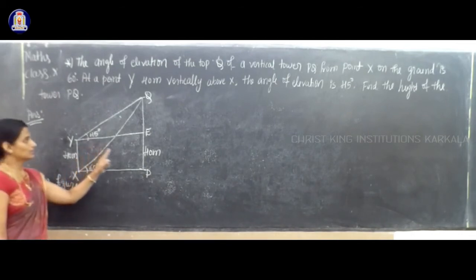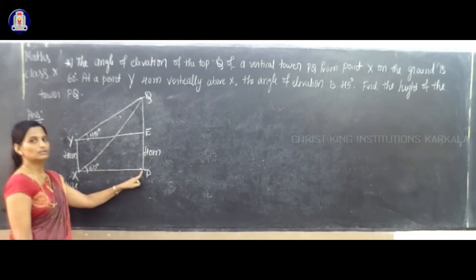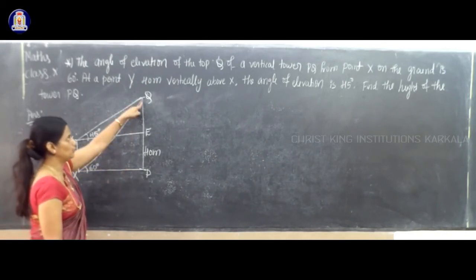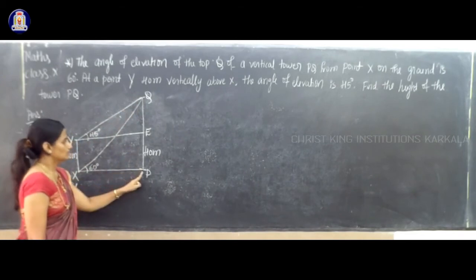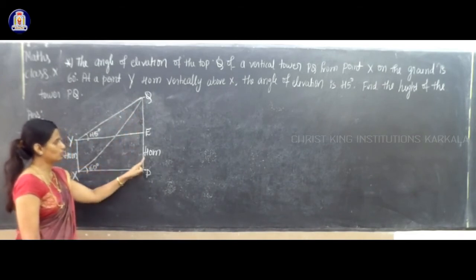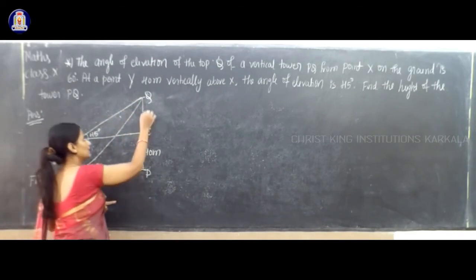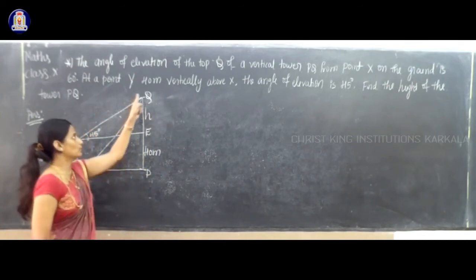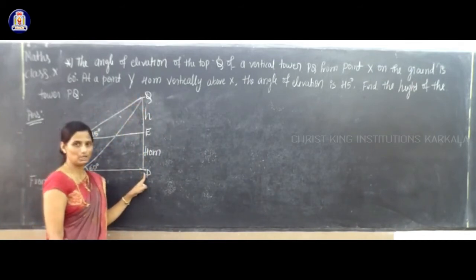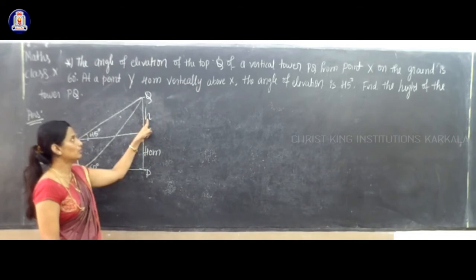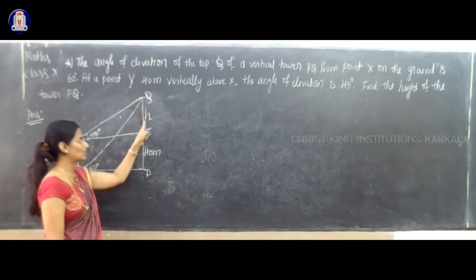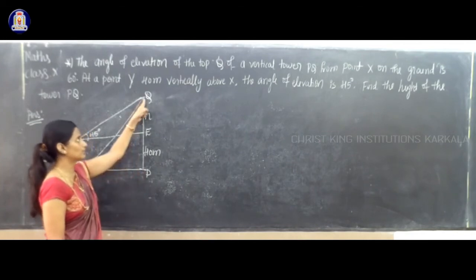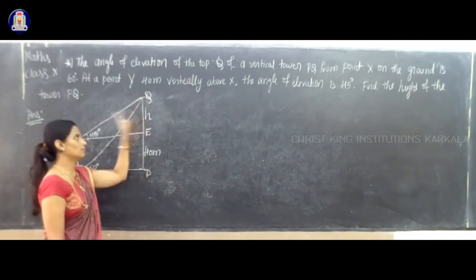So write the height of the tower PQ, which is equal to 40 plus h, taking it as h. Because to find the height of the tower, you should find out what is this distance. I take it as h. So the total height of tower PQ is 40 plus h.